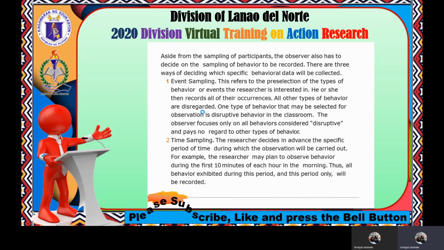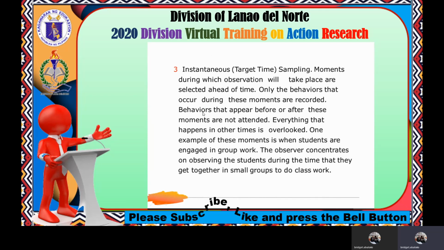And the third one is instantaneous or target time sampling. Moments during which observation will take place are selected ahead of time. So, pinili ang mga moment nga iyang i-observe. Layo pa lang, pilion na niya ang mga moments nga iyang i-observe.